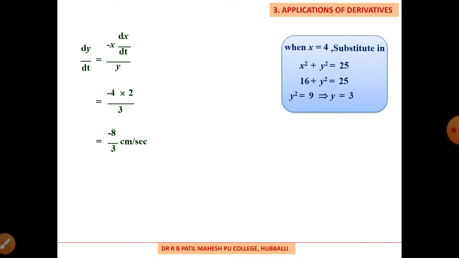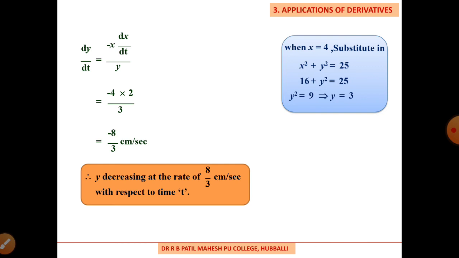That is dy by dt. This minus sign indicates the decrease in height. So the decrease in the height is 8 by 3 centimeter per second. Therefore y decreases at the rate of 8 by 3 centimeter per second with respect to time t. So this is the answer.